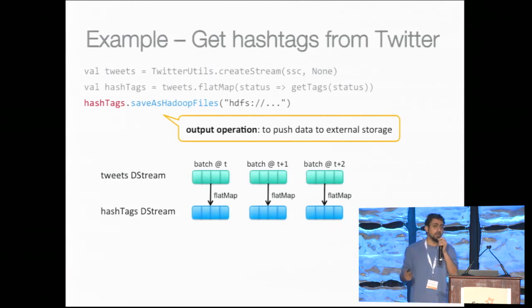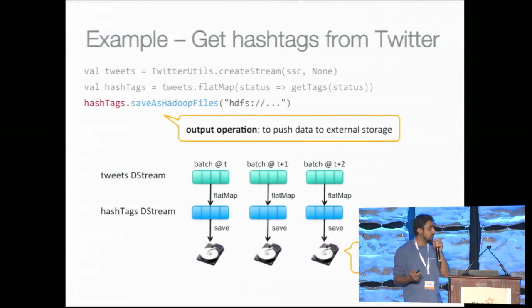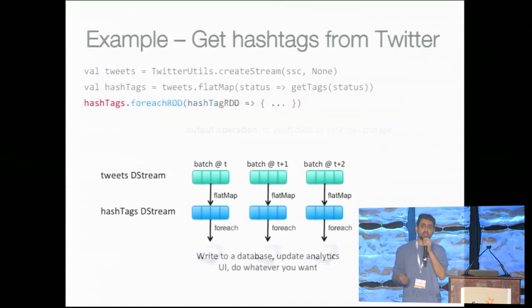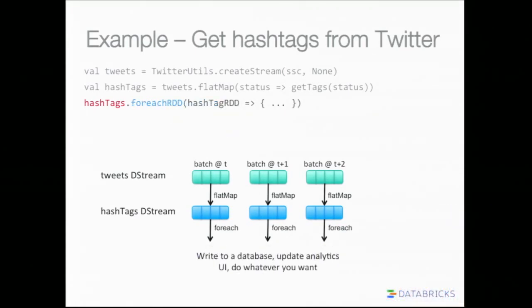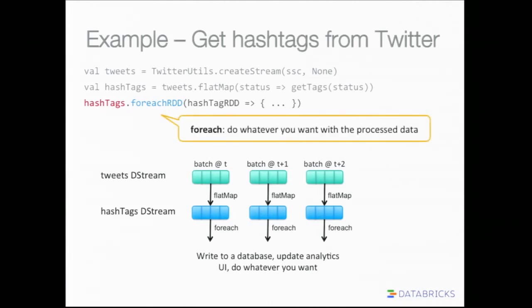And not just saving to HDFS, you can do arbitrary stuff with the transformed data using this operation called foreachRDD, which gives you direct access to the RDD. You can do whatever you want in that. Either push it out to some external database, let's say Cassandra, or directly push it out to a dashboard website to update your dashboard, whatever you want.